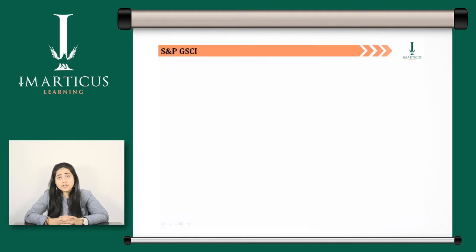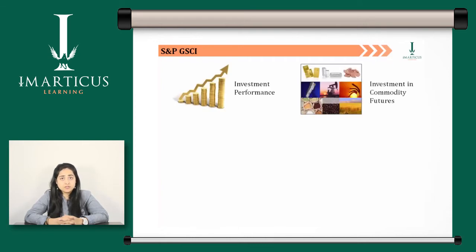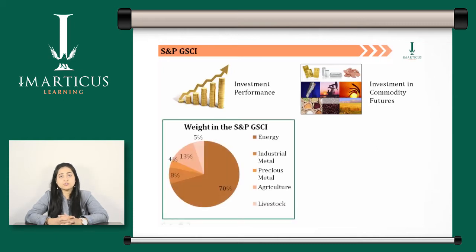Next we look at S&P GSCI. The S&P and Goldman Sachs Commodity Index can be seen as a benchmark for investment performance in commodity markets. The S&P GSCI represents investments in commodity futures which are broadly diversified across the spectrum of commodities.